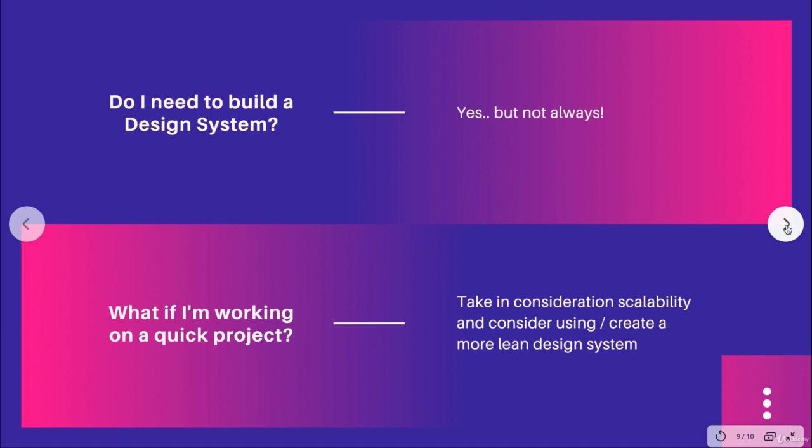Now, the big question is, oh, Pierre, okay, you talked about what a design system is and what the advantages of a design system are, but do you really need to build a design system? So my answer is yes, but not always.